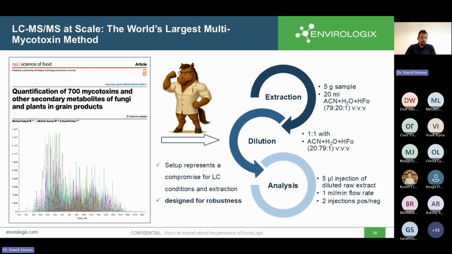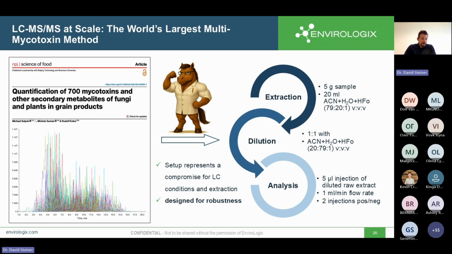It's based on a very generic extraction workflow with a 5 gram sample weigh-in, which is then extracted with a slightly acidified acetonitrile water mixture. And then this extract is simply diluted 1:1 with a complementary dilution solvent prior to LC-MS/MS analysis.